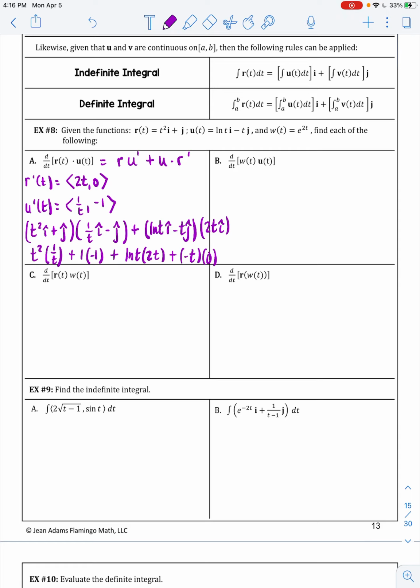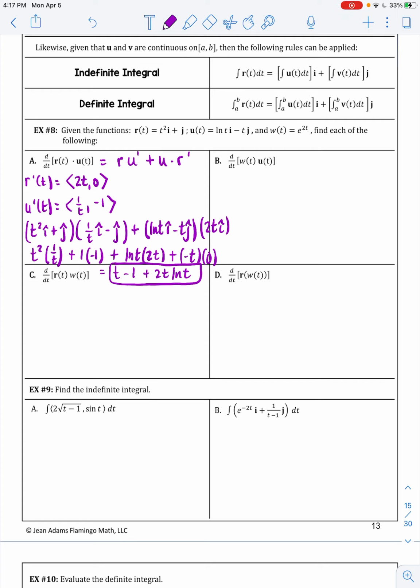And then simplifying that gives us t minus 1 plus 2t ln t. So that would be the answer to our derivative of our dot product.